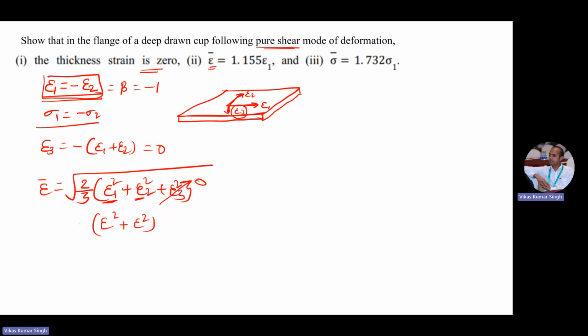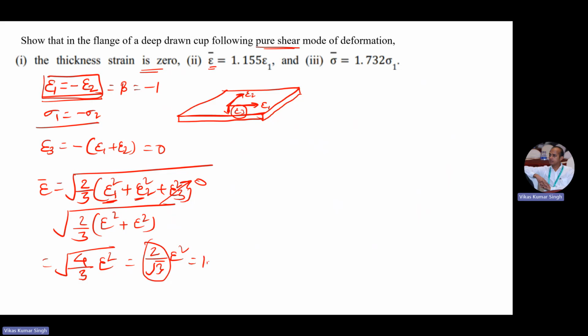This becomes 2 by 3 times 2 epsilon square under root, so 4 by 3 epsilon square under root, which is 2 by root 3 epsilon. Solving, 2 by root 3 gives 1.155 times the major strain. So this is the effective strain in case of pure shear mode.